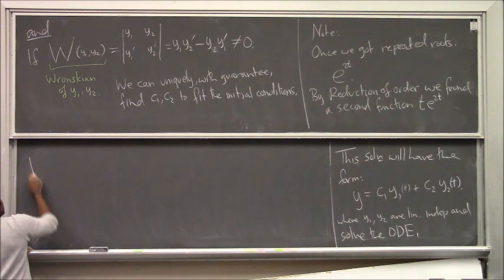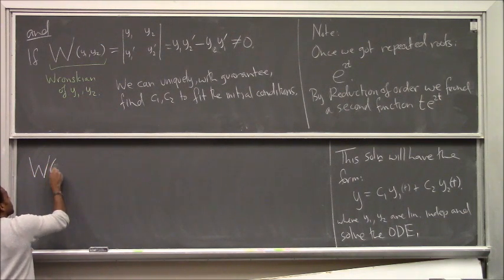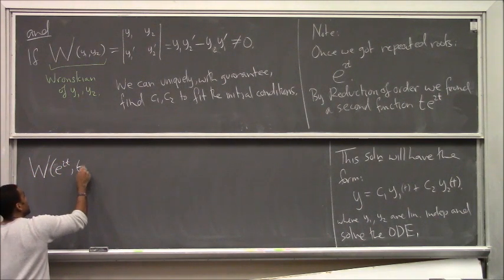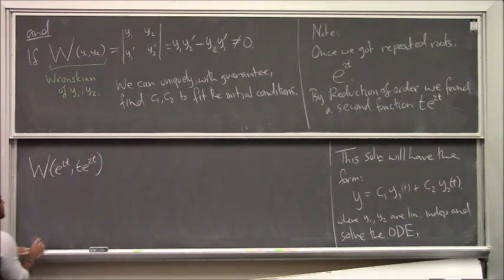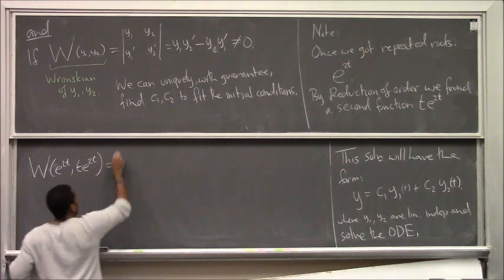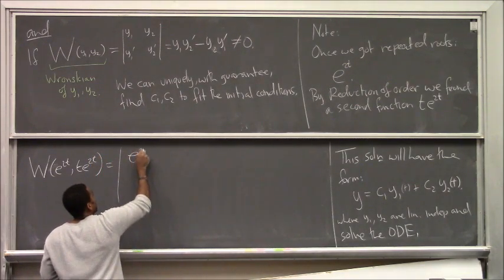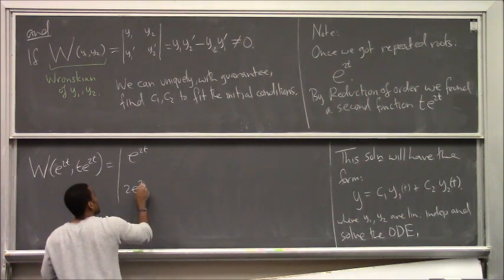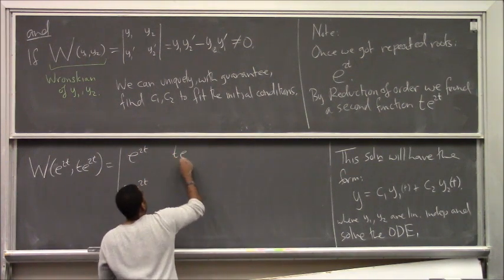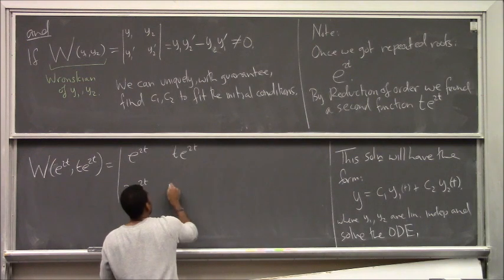Well, if I look at the Wronskian of e to the 2t and t e to the 2t, that is e to the 2t, find its derivative, t e to the 2t, find its derivative.